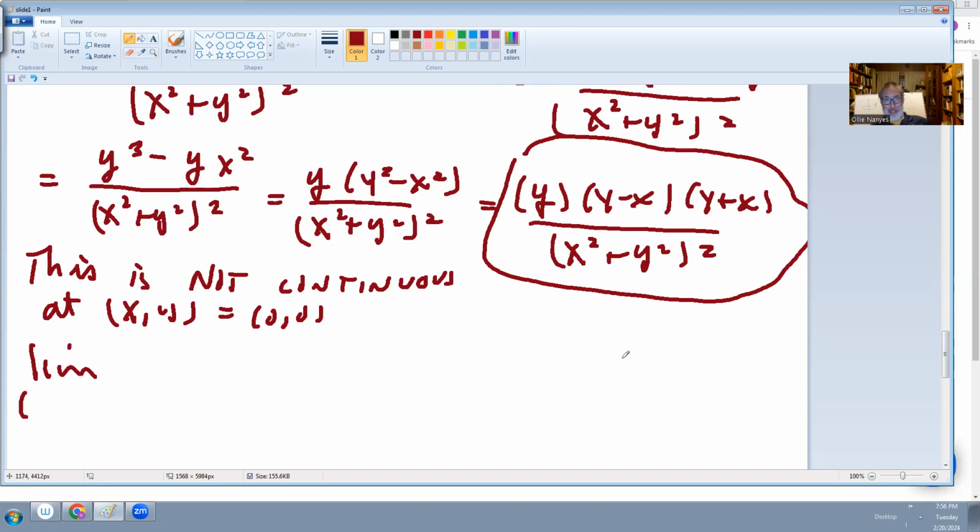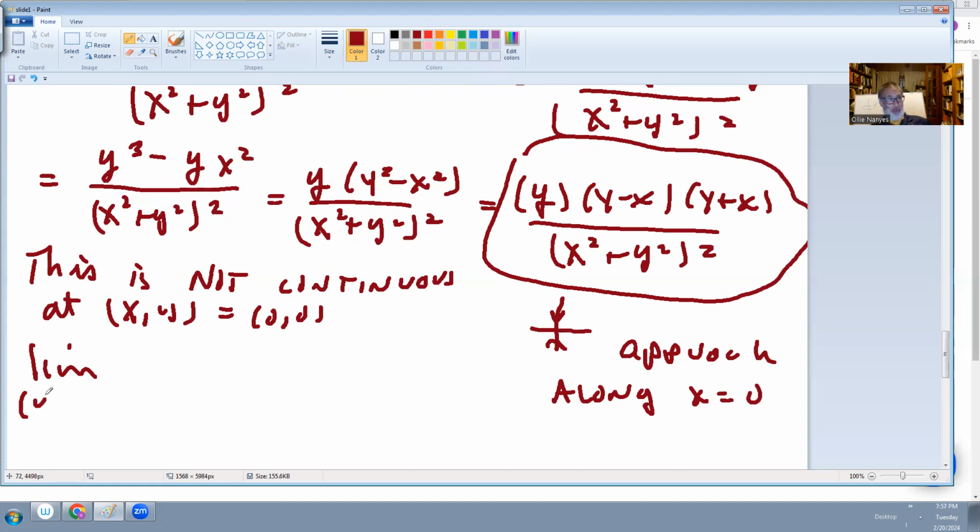Let's look at the limit as we approach the origin, but I'm going to let the x value be 0. So I'm going to approach the origin along x equals 0, along the y-axis.